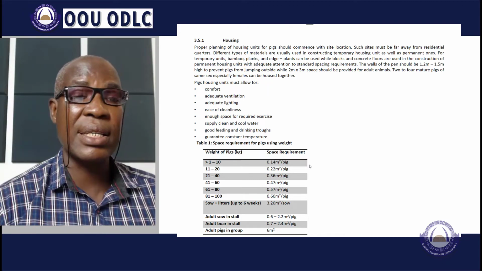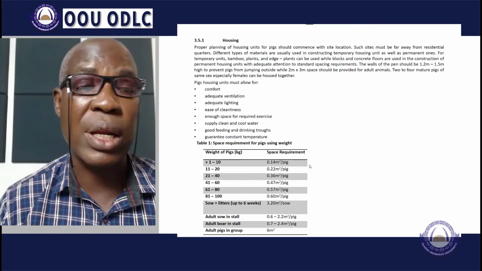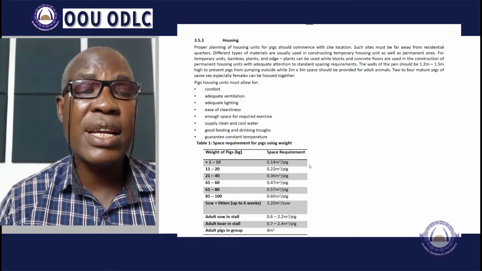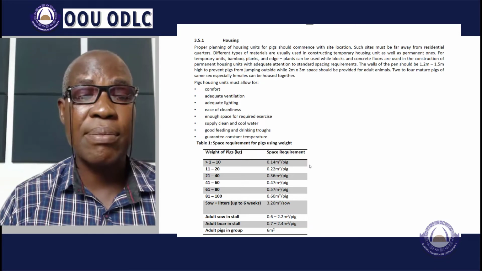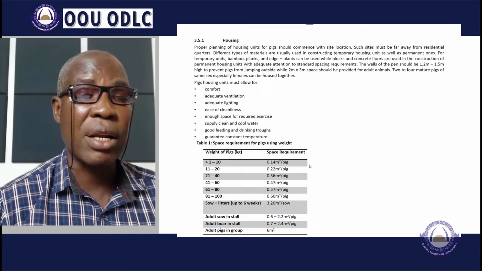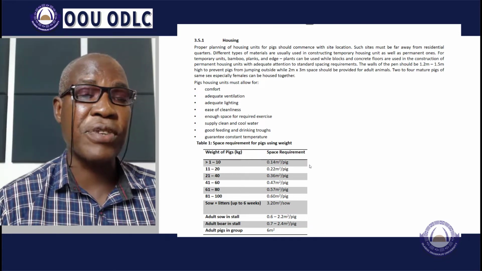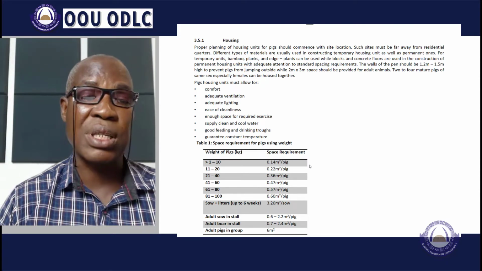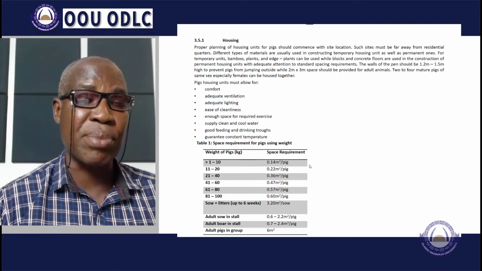Ease of cleanness. Yes, the house must be easy to clean. Then there must be a supply of clean and cool water at every point in time. Good feeding and drinking troughs must be provided in the house, and the house must guarantee constant temperature.